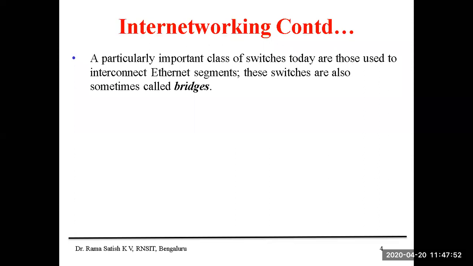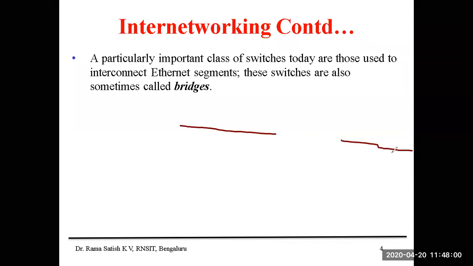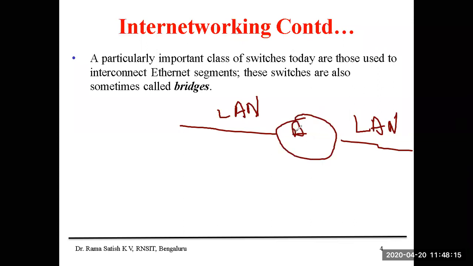If you have one network on one side and another network on the other side, and both are LANs, just imagine both are LANs, both are similar types of networks, so we use a bridge. These bridges connect similar networks.